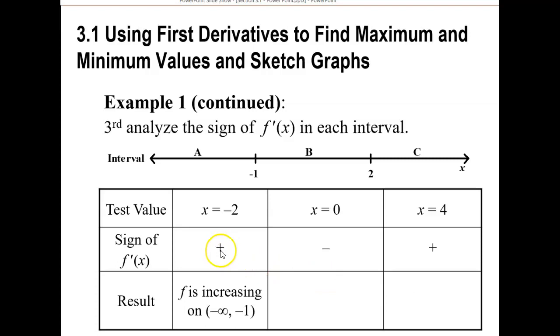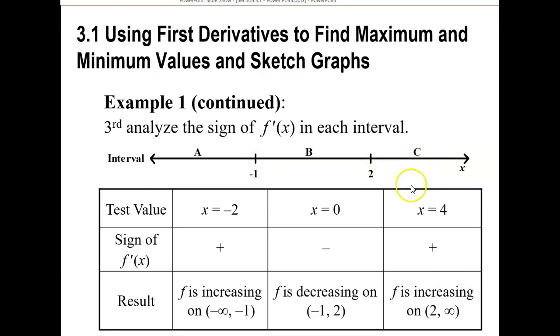Okay, so since f prime is positive, this means that f should be increasing. First derivative positive means f is increasing on this interval from -infinity up to -1. Since we got a negative value here, the derivative being negative means the function is decreasing from -1 to 2.